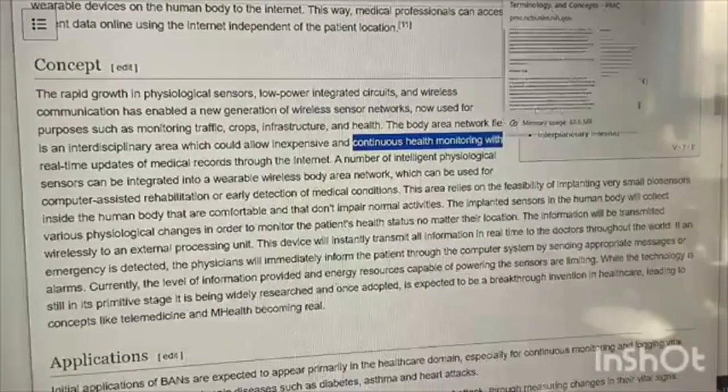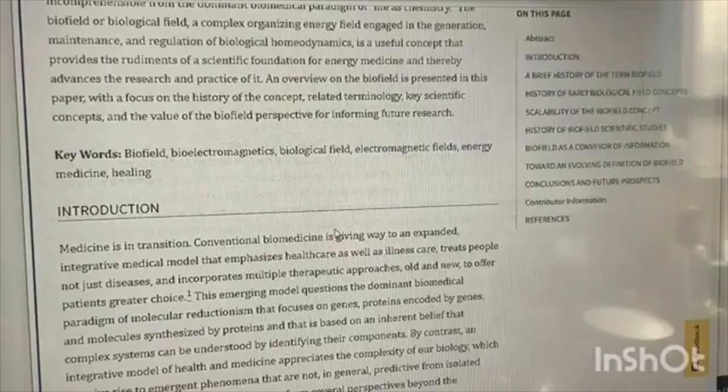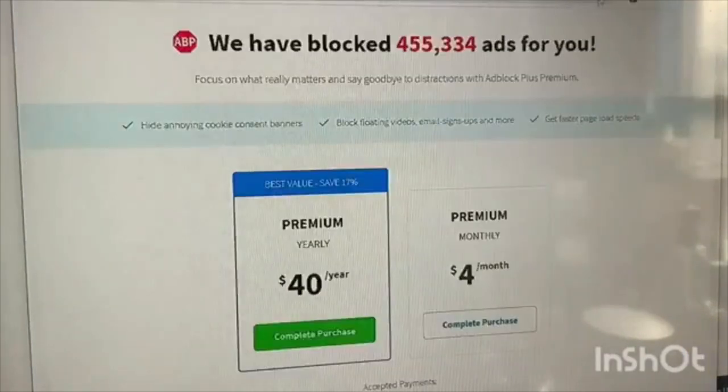Now, for those of you that think that this is all safe and locked down, anybody from cybersecurity, if they're honest, will tell you that when you are connected to the internet, you are no longer secure.